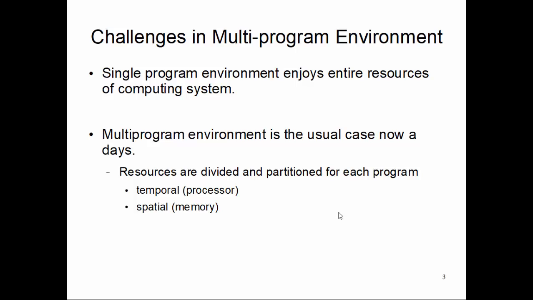Though we see 10 or 15 different programs running on our computer, and apparently running in parallel with each other, down the line, what happens? Your operating system time-slices the usage of the processor per process currently running in the system. It is not that your programs are really running in parallel.